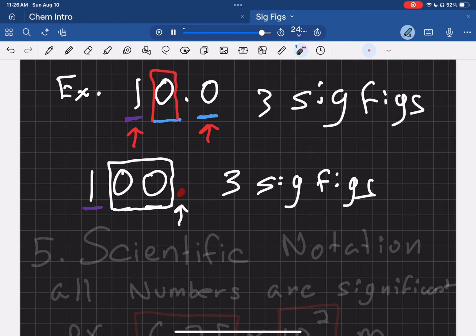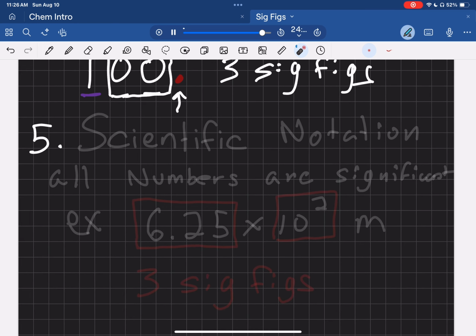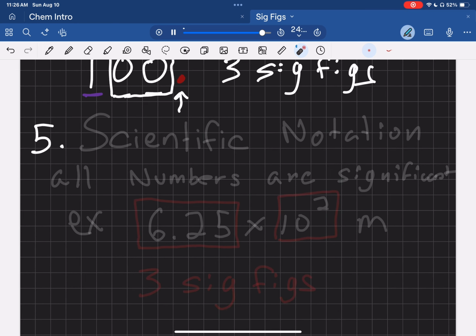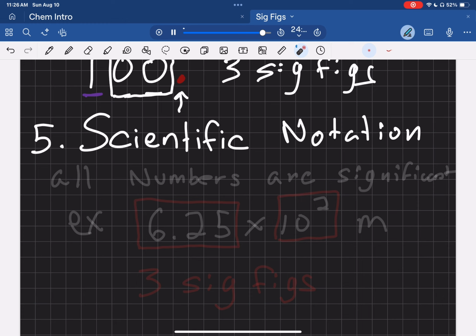Okay? All right, last rule. Rule number 5. Finally to it. Rule number 5 has to do with scientific notation. Now, if you remember algebra, you guys probably dealt with them.